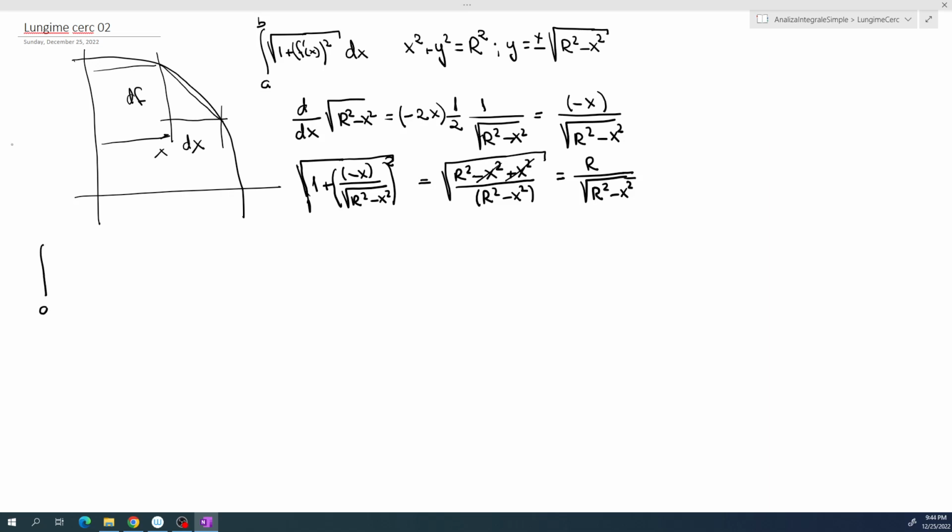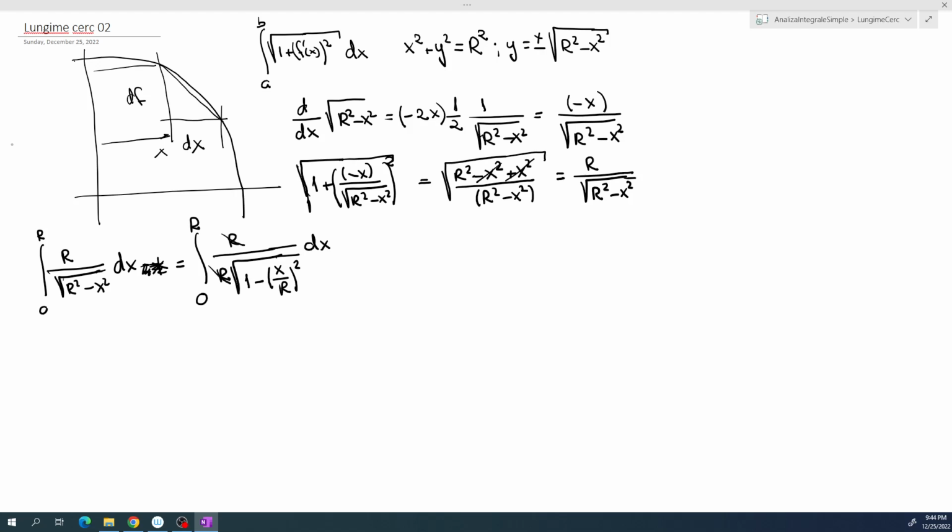Now the next step is to create the integral. It's the integral from 0 to r of r divided by the square root of r squared minus x squared dx, and this is equivalent with, we have to apply the change of variable, the integral from 0 to r of r divided by r multiplied by the square root of 1 minus x over r squared dx.